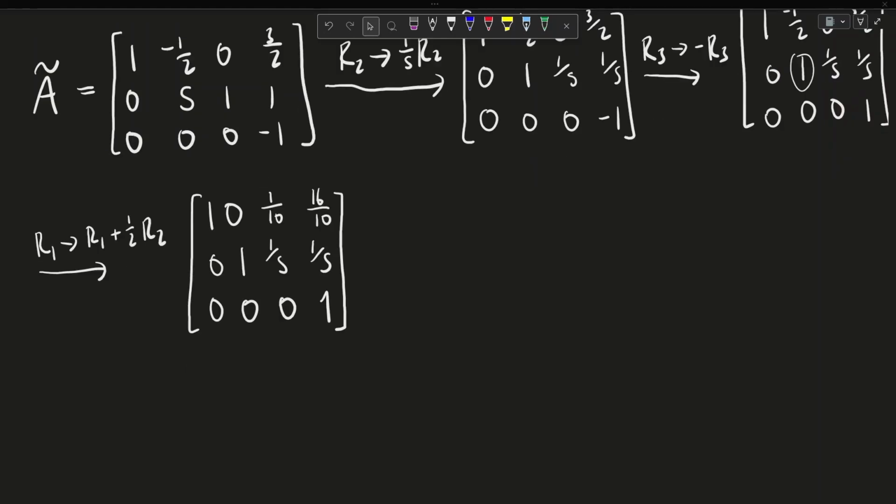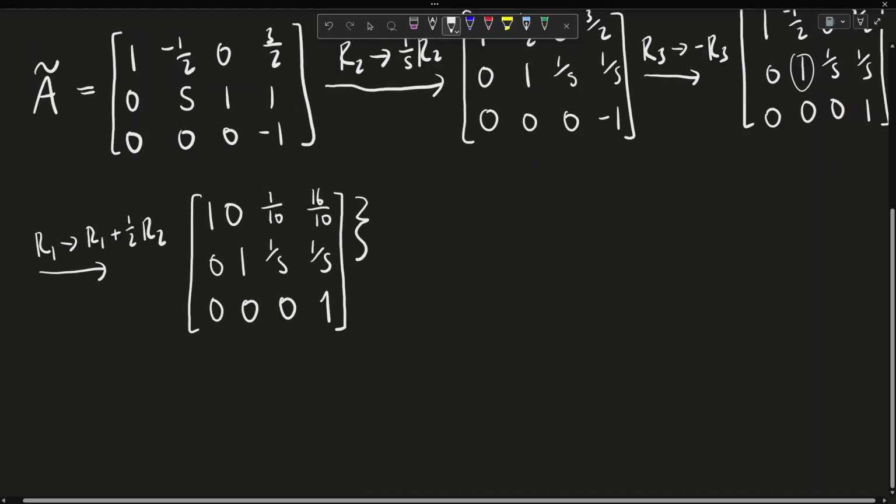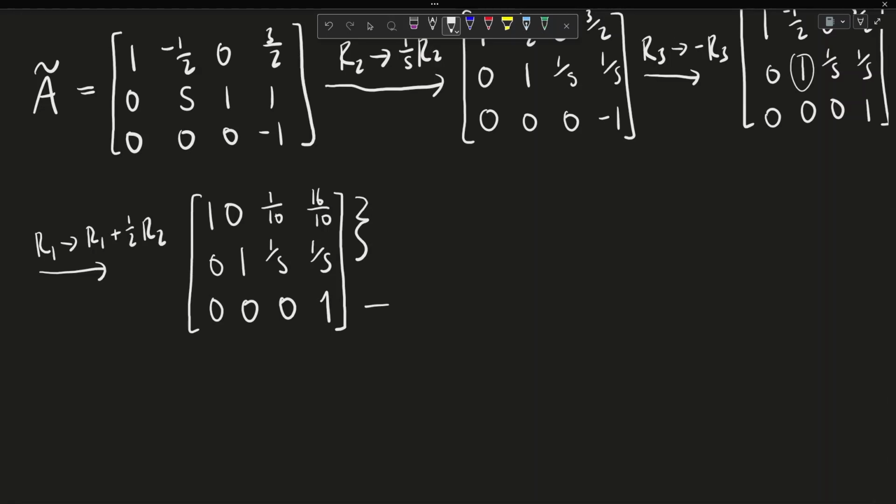What we now need to do is clear these non-zero values above the pivot. So we'll multiply this value by whatever is needed to eliminate the values above it. In row 2, we'll transform it by taking it and subtracting 1/5 of row 3, which looks like this.